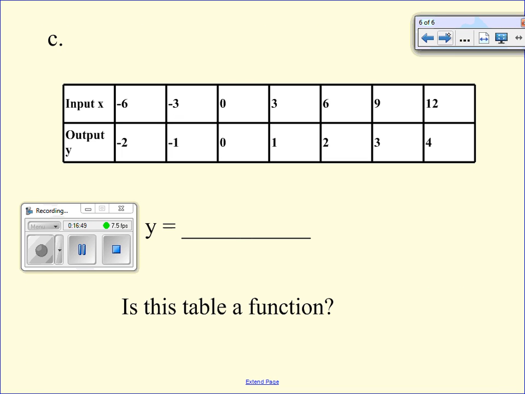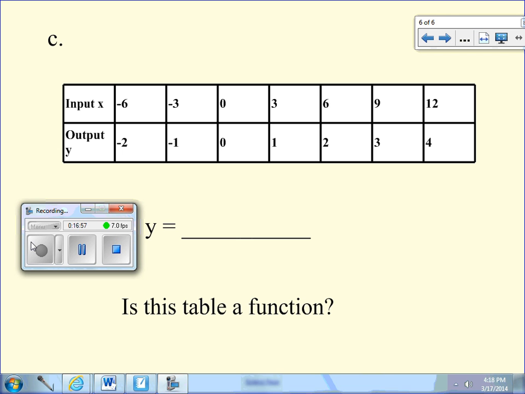And in our last example, let's look at the input and the output table. I'm looking at my inputs and noticing that as I have my input, my output is decreasing. So I can either be subtracting or dividing. If you look at the 0 and the 0, they stay the same.